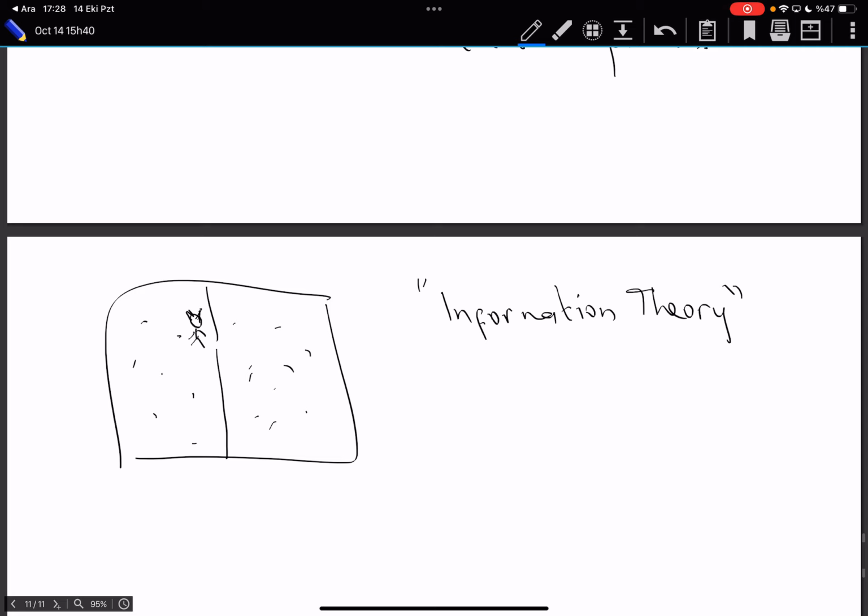Either the demon has to keep all that information, which means that the entropy of the demon is increasing, or it has to erase the information.